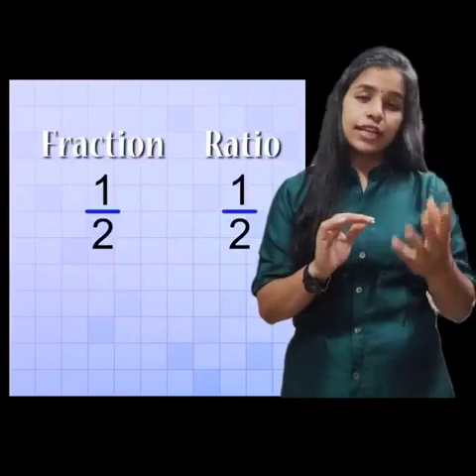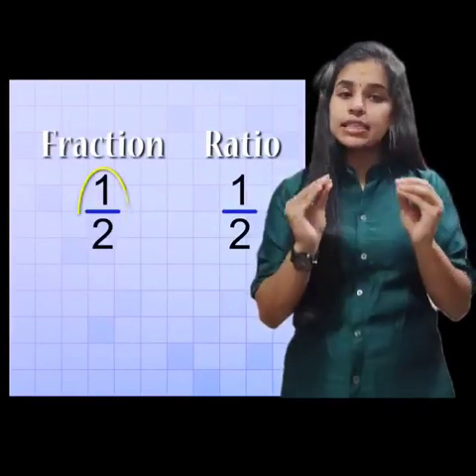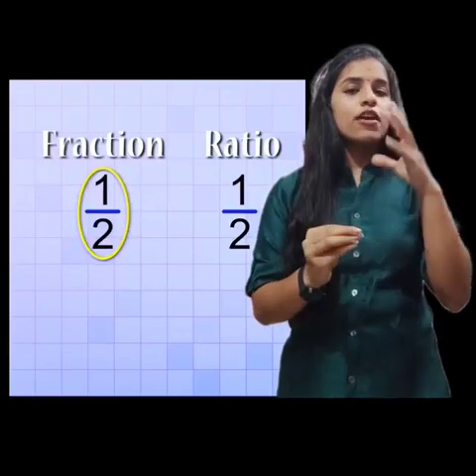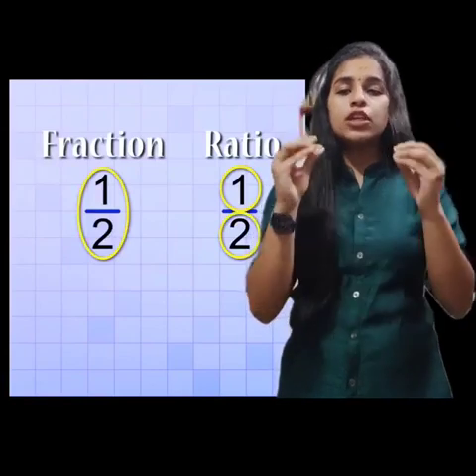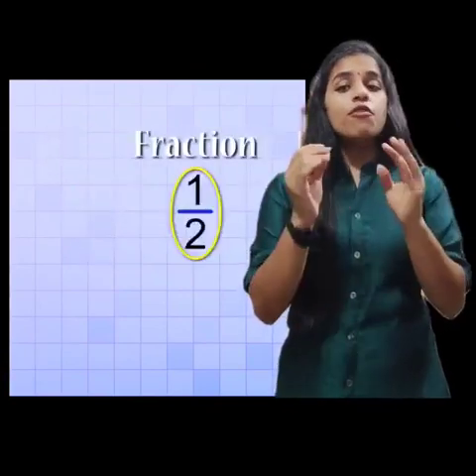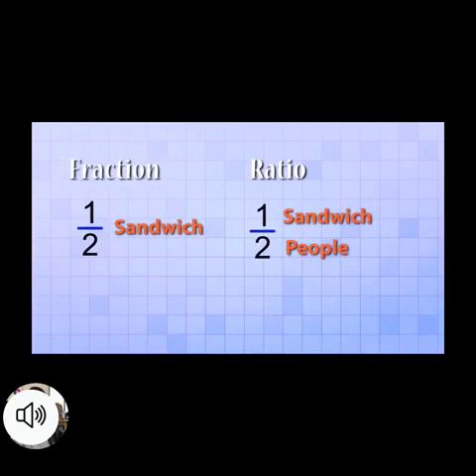Now let's see the ratio 1 over 2. With the ratio, we do not treat it as just a single number. Instead, we pay close attention to the top and bottom numbers because we use them to represent different things. For example, we are going for a picnic. For every 2 people, we are only bringing 1 sandwich. In that case, the ratio is 1:2, or sandwich for 2 people. Did you see the difference between the fraction and the ratio?